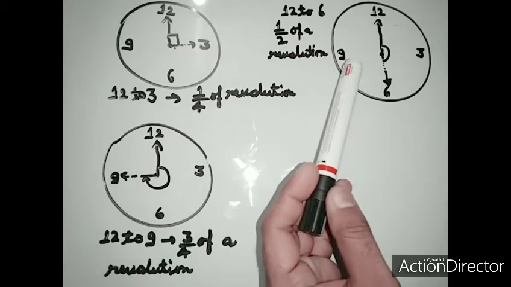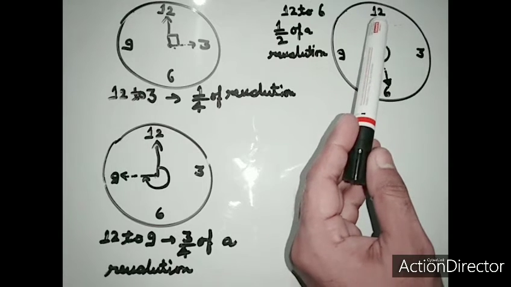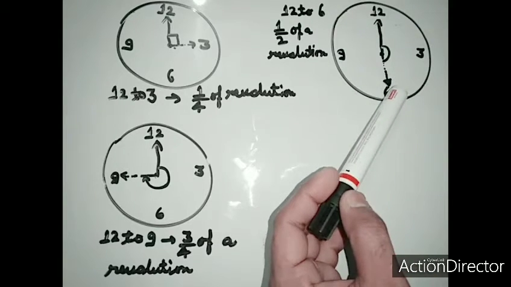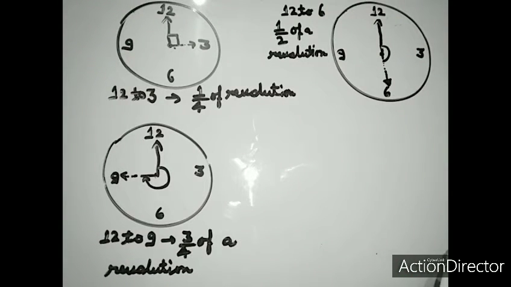Now 12 to 6, the angle formed is 180 degrees, and we say half of a revolution. From 12 to 9, we say it is 3 upon 4 of a revolution, right? So here we take some examples related to angles formed by a clock.